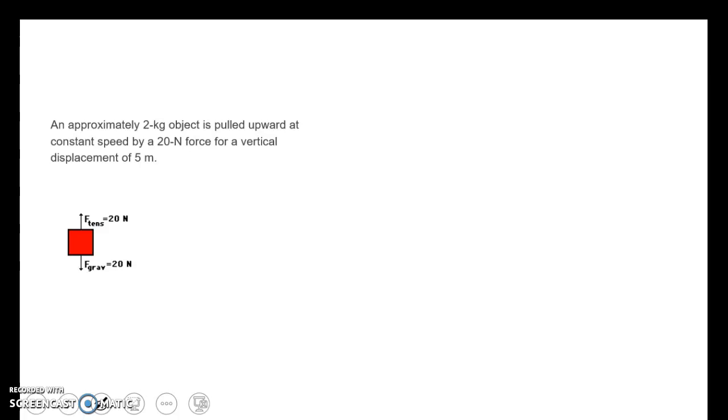And then lastly, we get an object that's being pulled upward at a constant speed with a 20 Newton tension force and 20 Newtons of gravity, displacement of 5 meters upward. So we've got these two going this way. The work because of tension is 20 Newtons of force times 5 meters of displacement.